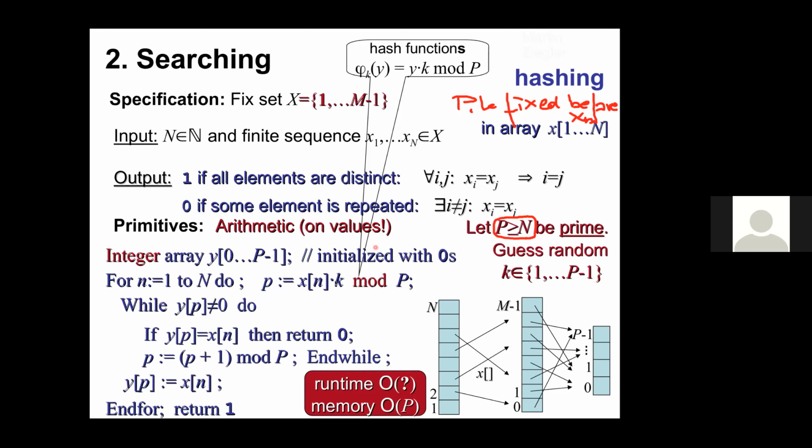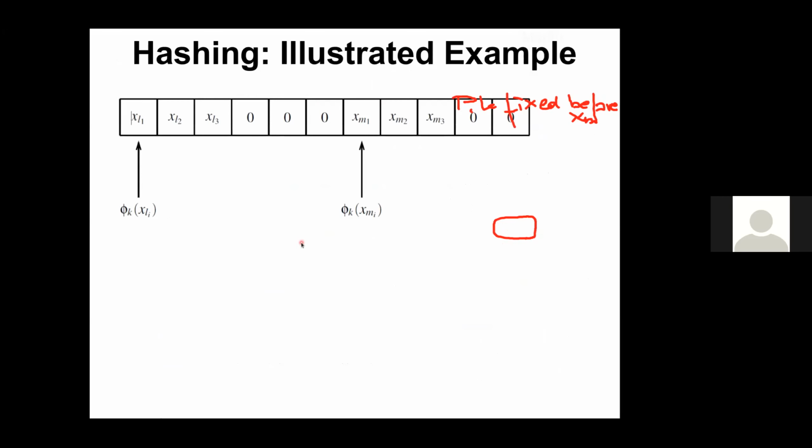The goal of this hashing algorithm is to have many different values of this p for different xn. Okay, so if, for example, you put k equal to 0, what will happen here? You always start at this point. You always start at 0, and then simply you store the elements one after the other.